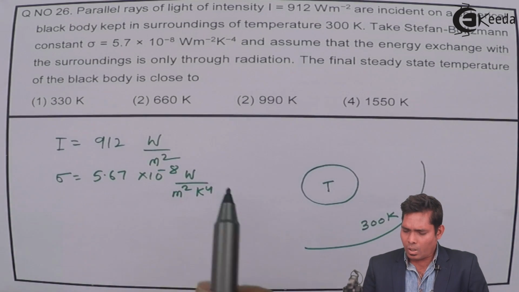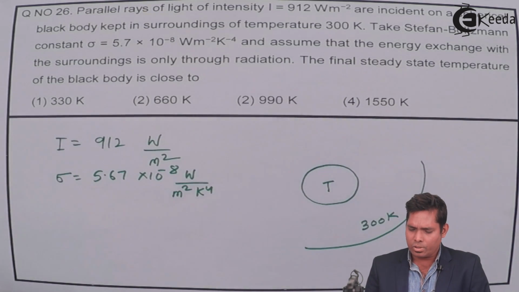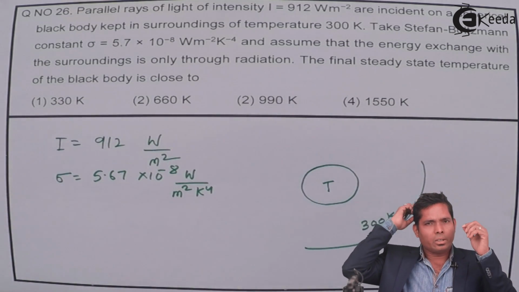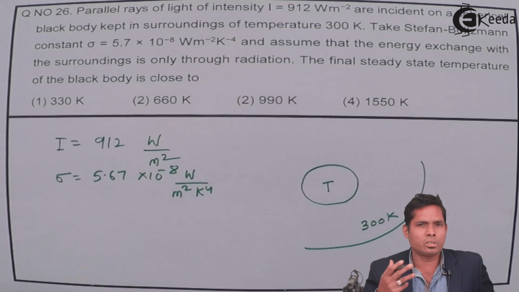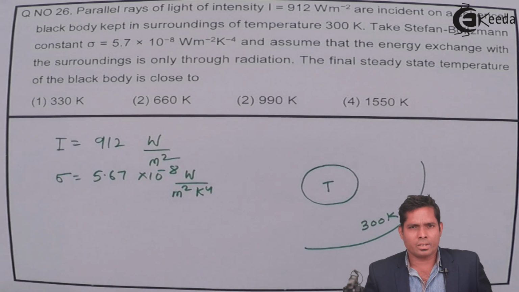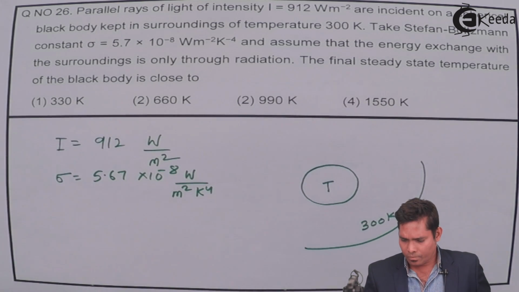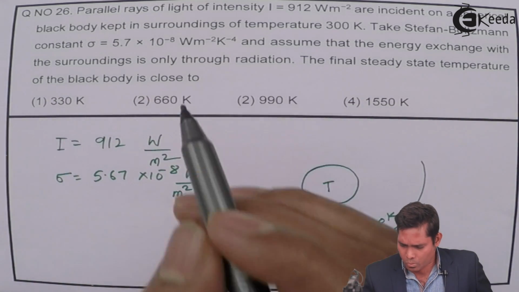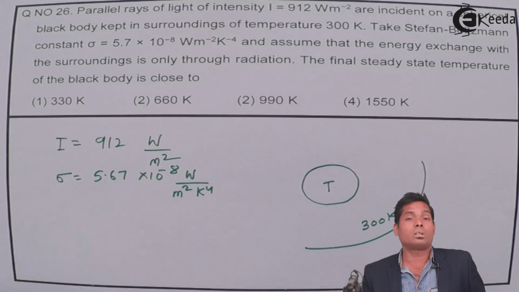Assume that the energy exchange with the surrounding is only through radiation, so there is no energy loss due to other modes of heat transfer. The only process taking place is radiation. The final steady state temperature of the black body is close to what? So this is a black body, and we are supposed to find its final temperature.